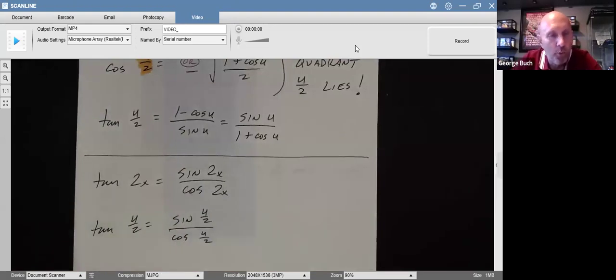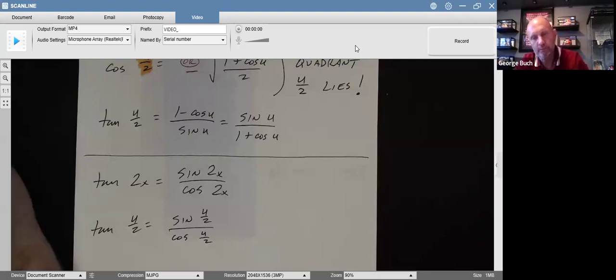So if on the homework, you have to find cosine of 2x and sine of 2x, and then you have to find tangent, you don't have to do all the calculations anymore. Just do the ratio, sine over cosine. And that's it. That is a pretty quick video, just giving you these formulas.